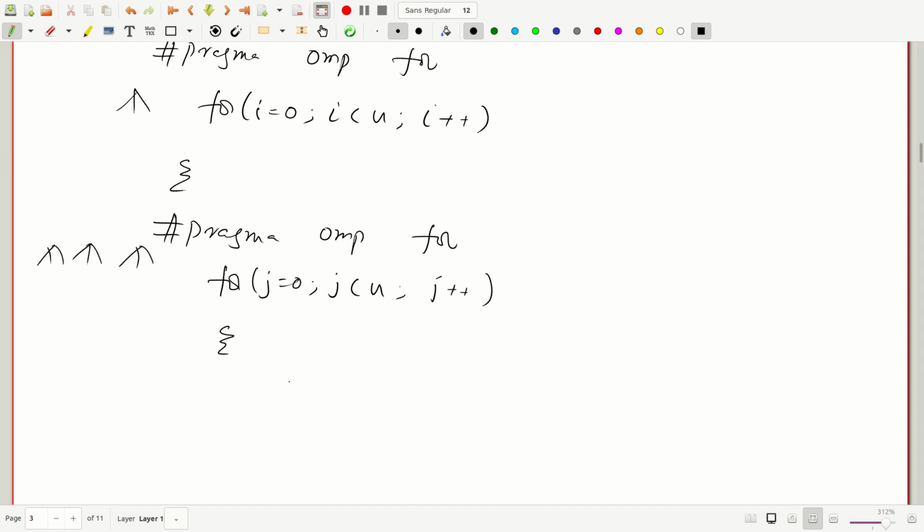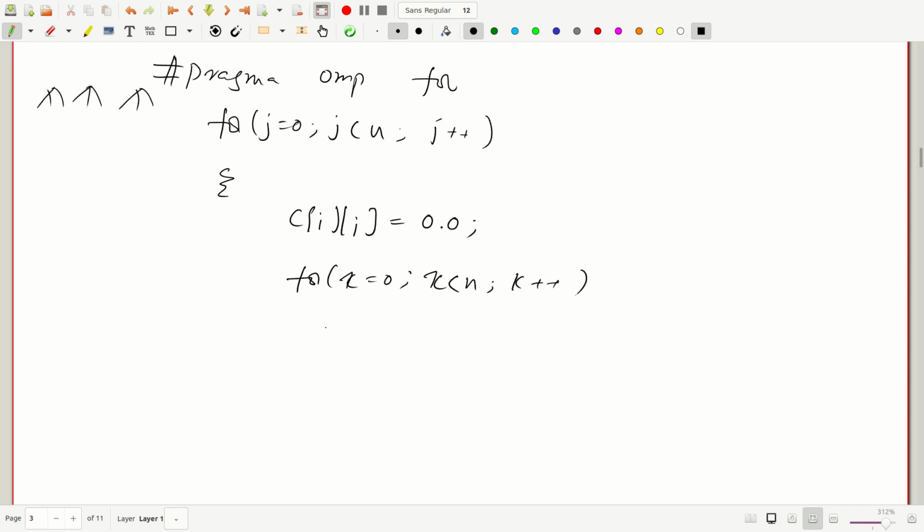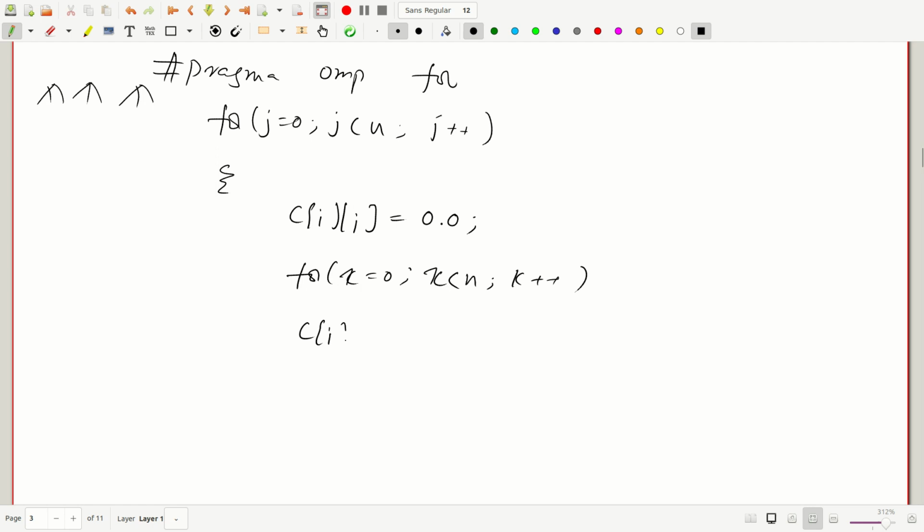Of course, we have now missed the Cij part, so we can initialize it here, Cij equals 0.0, before we go for the third loop, that is k equal to 0, k less than n, k plus plus. Then we have our implementation: C of ij plus equal to A of ik star B of kj.